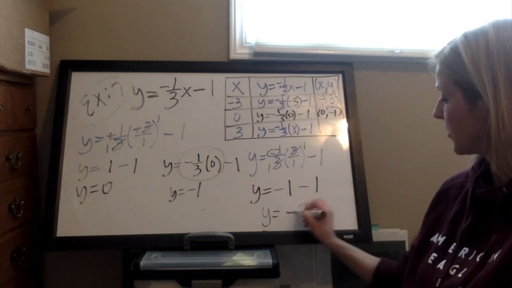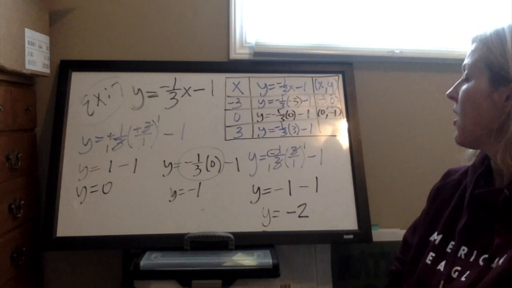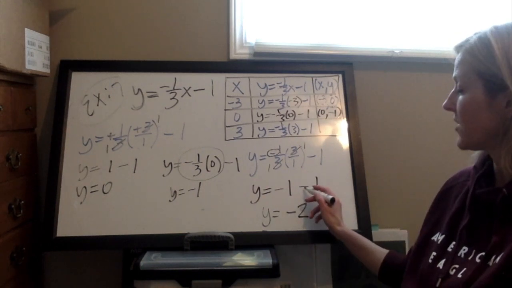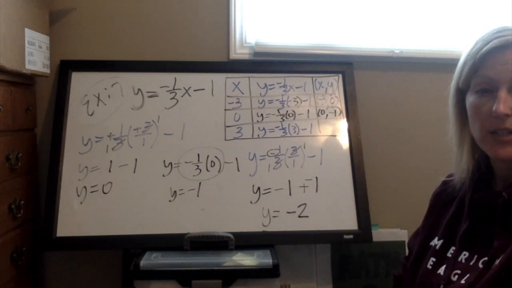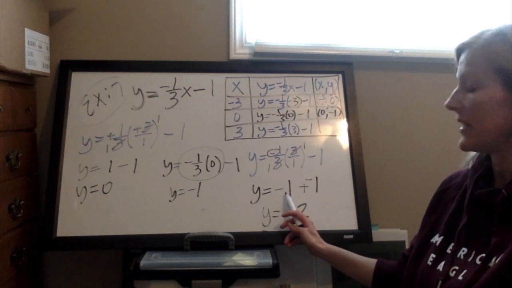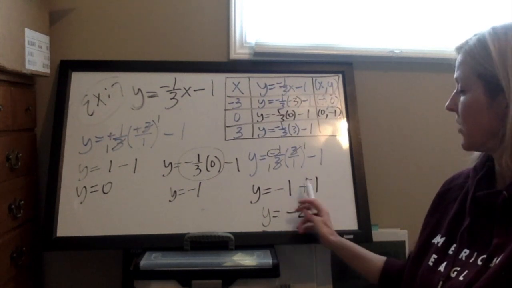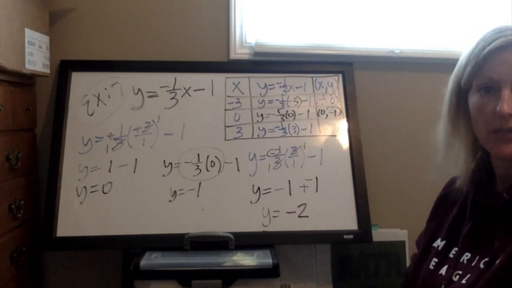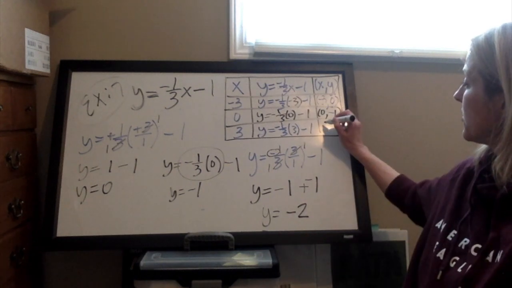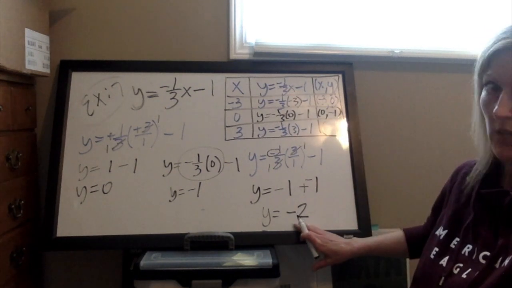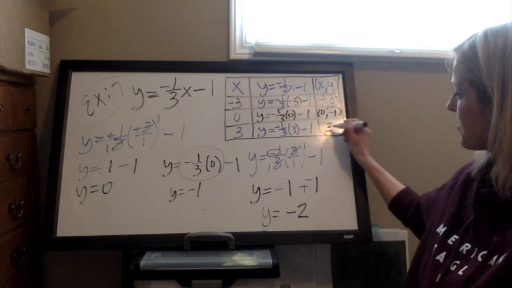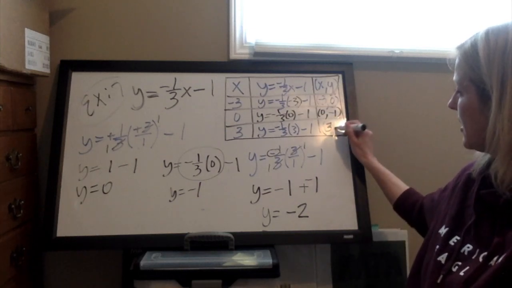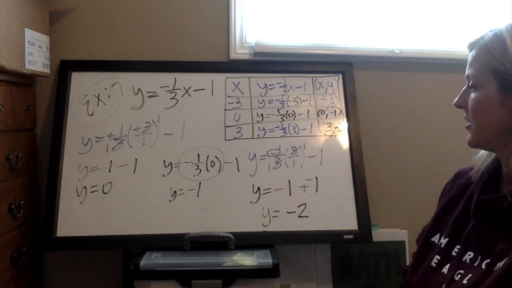Your calculator should be able to do all that for you if you plug it in right. Or you could change this minus 1 so that it's a plus negative 1. Sometimes kids like to write it that way. That way it makes it easier visually. If you see negative 1 plus a negative 1, that gives you negative 2. So once we get the negative 2, however you get it, we're going to plug that in for y. So my last point is 3 comma negative 2.